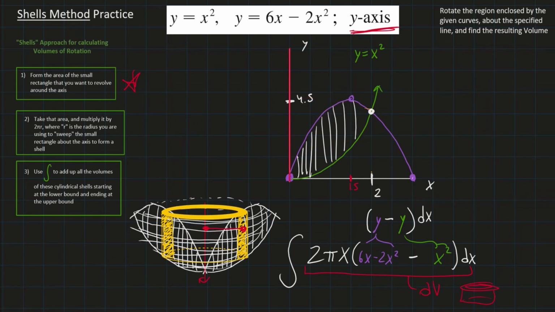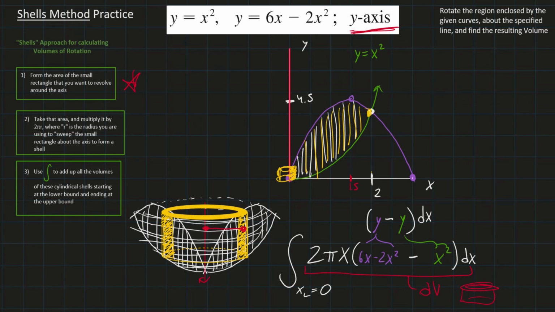So for our bounds, our first little rectangle at the lowest x is going to be right here. We'll rotate this guy around to create our first shell. And the x of that rectangle is 0. So that's our lower bound. We'll keep adding these shells that each of these rectangles creates until we get to this tiny one over here.